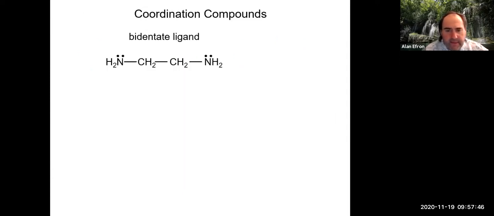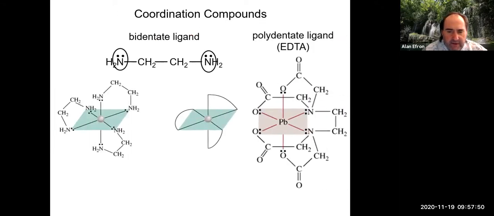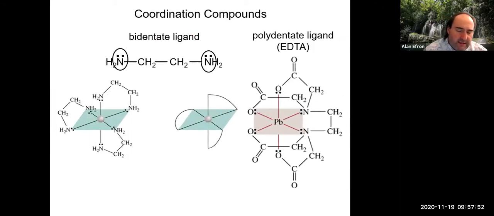Okay. So here's just a couple of pictures of some of our complex ions and some of our ligands. This is ethylenediamine. This is the one that is abbreviated en. So you will see that en abbreviation, and they will use it both in formulas and also in naming as well.